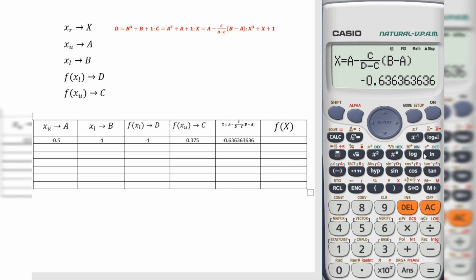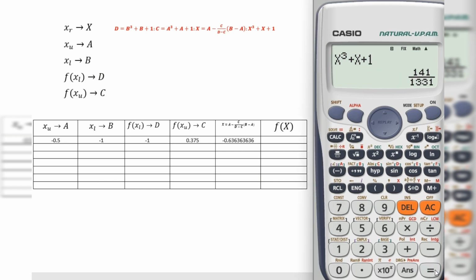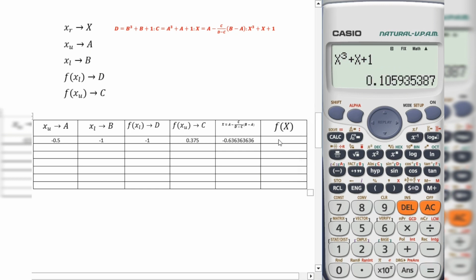Then we have minus 0.6363636. Actually, before entering the function into the calculator, you need to fix the calculator to 9 decimal places for a more accurate solution. So here I have fixed this calculator to 9 decimal places. Therefore, finally this value is rounded to 9 decimal places. Again equal button. Here we have a positive value, 0.105935387.